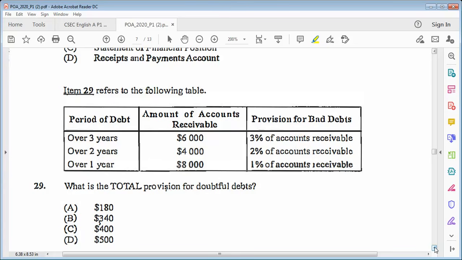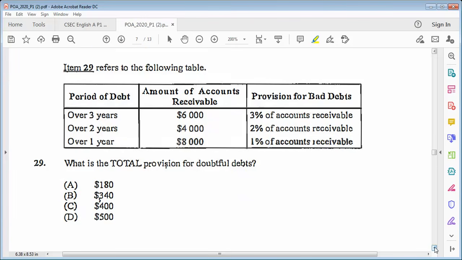And then over 1 year, we had 8,000 accounts receivable and provision for bad debts of 1% of accounts receivable. 29 says, what is the total provision for doubtful debts? Well, is it A, $180, B, $340, C, $400, or D, $500?